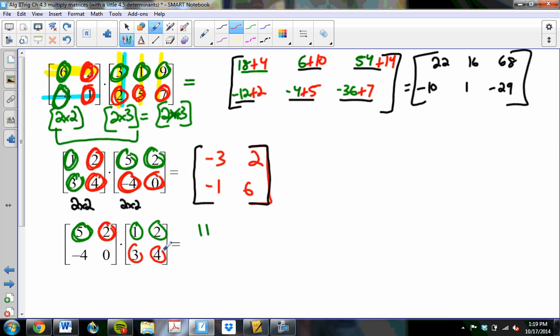And there's 8. 10 and 8 give me 18. Negative 4. And row to column, so negative 4 and 0 give me negative 4. And negative 8 and 0 give me negative 8.